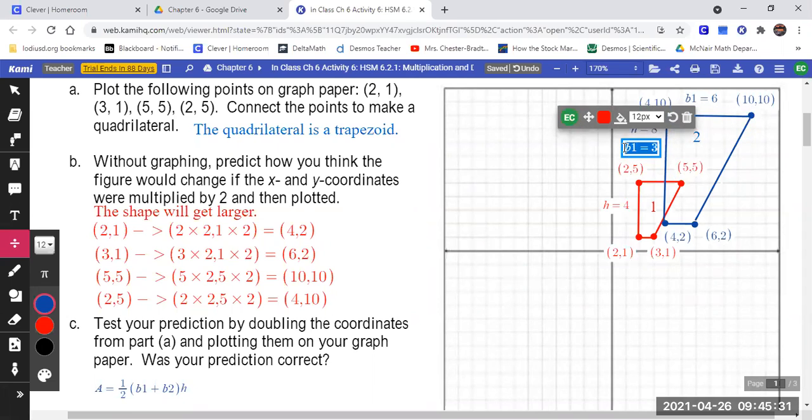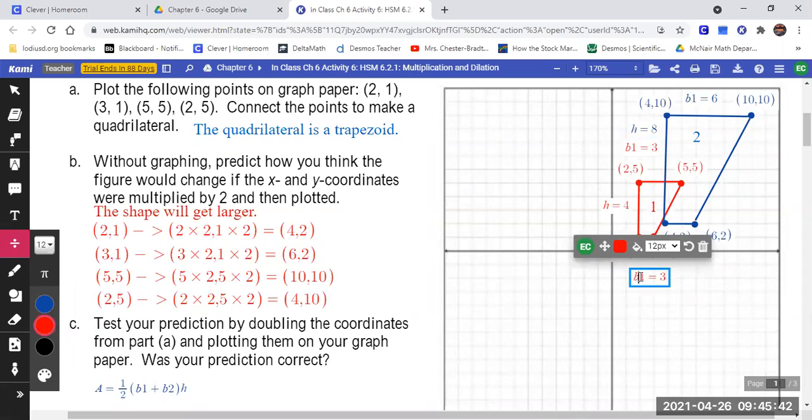So we got to count the very bottom of the red one and the very bottom of the blue one. Well, what's the very bottom of the red one going to be? How many squares is it taking up? 1. Okay, and the very bottom of the blue one, how many squares is it taking up?